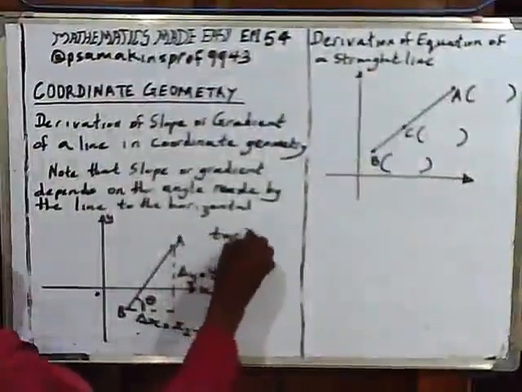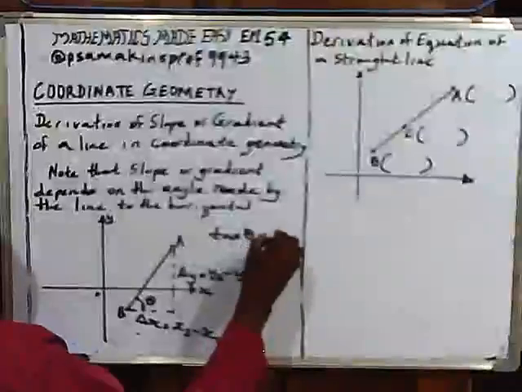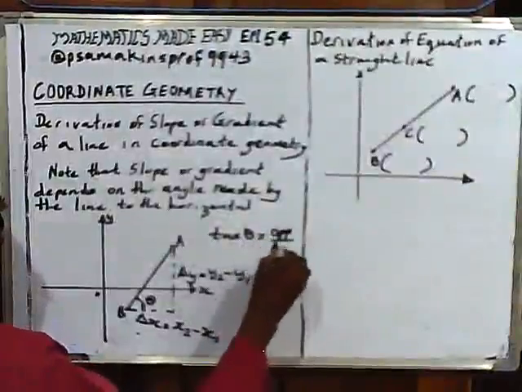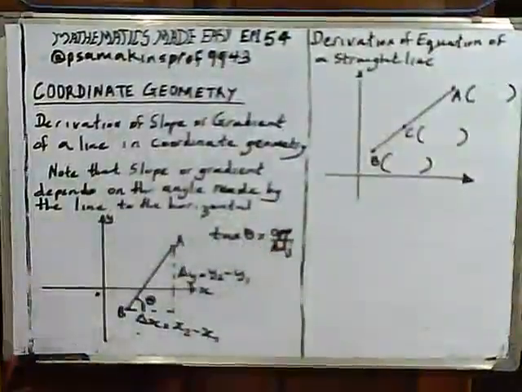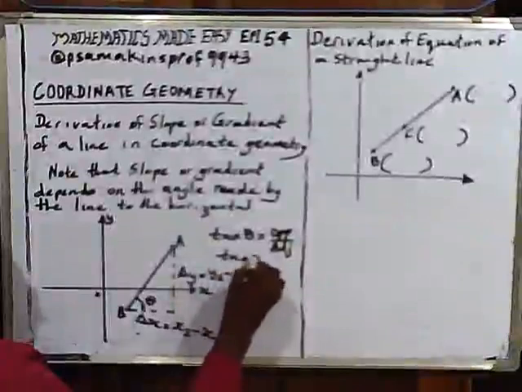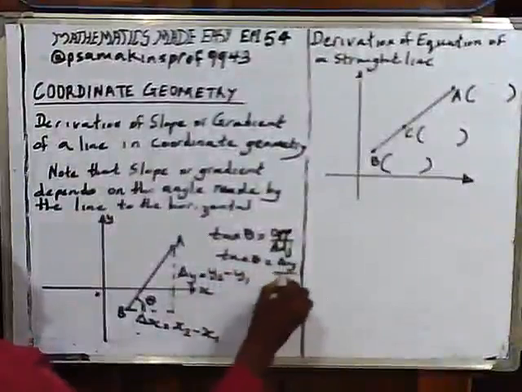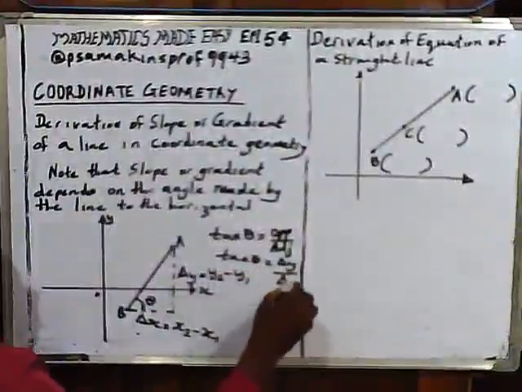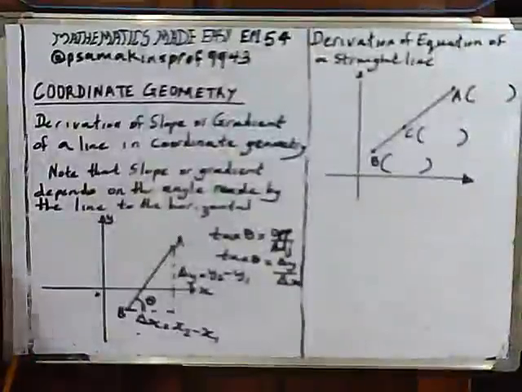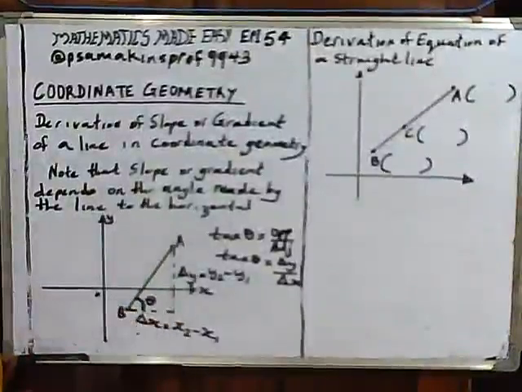Now we know that tan theta, according to trigonometry, is opposite over adjacent. If that is the case, that means our tan theta will now be change in y over change in x. Like I told you, the slope depends on the angle made with the horizontal.